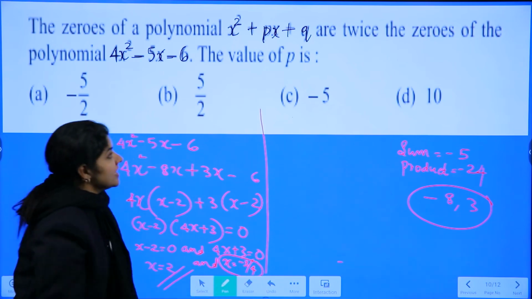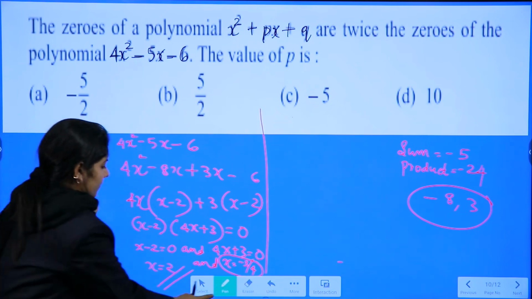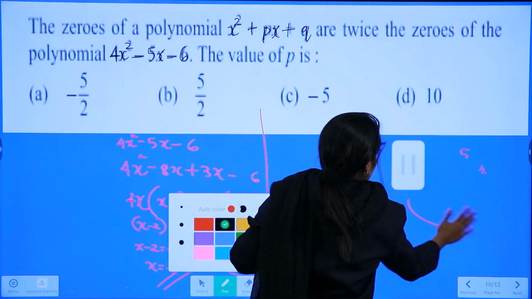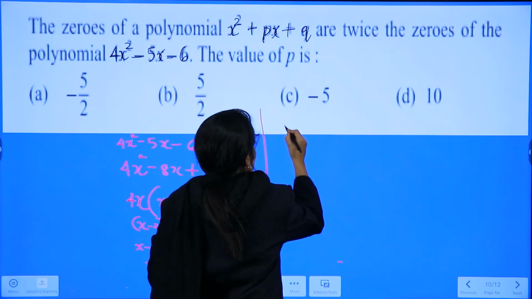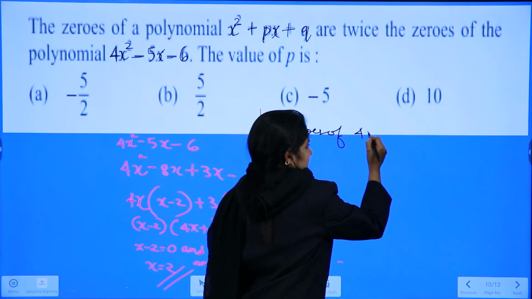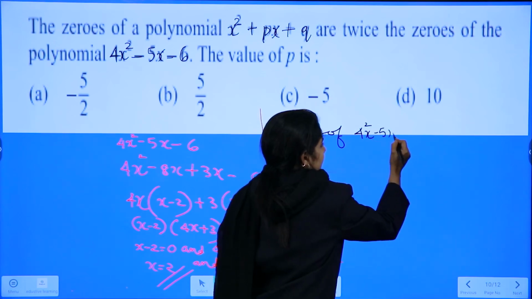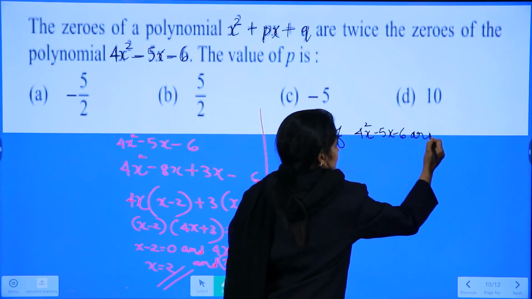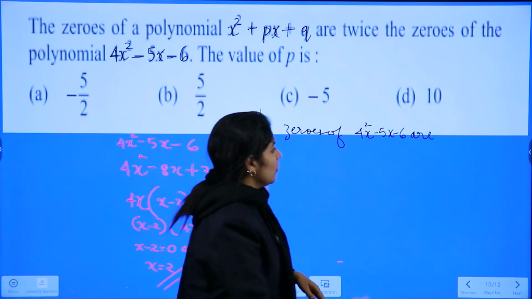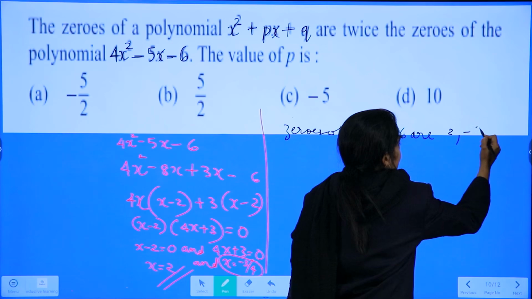So we get the zeros of this polynomial. The zeros of 4x square minus 5x minus 6 are 2 and negative 3 by 4.